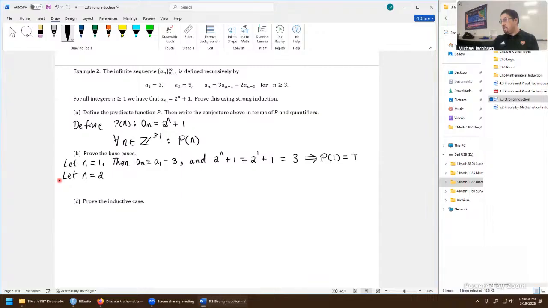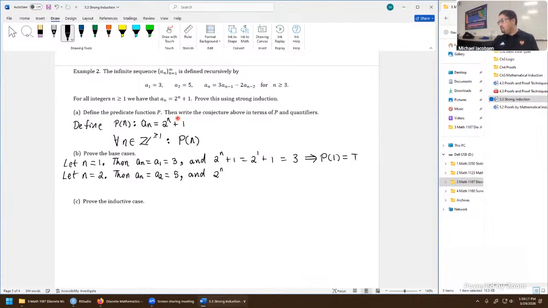Let n equal 2, then a_n becomes a_2. We do a lookup on the sequence. That's provided as 5. So we check the left-hand side is 5. Our hope of hopes then is the right-hand side is 5, or else the problem is ruined and we're probably going on spring break early. I don't know how we fix it unless we can conjecture something. Let's hope it works out.